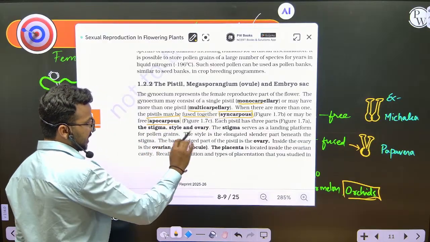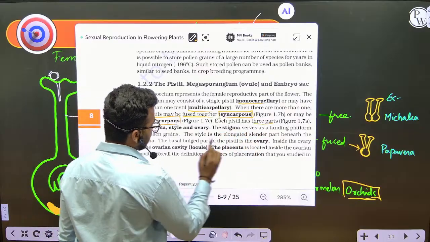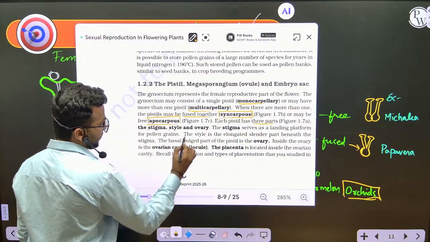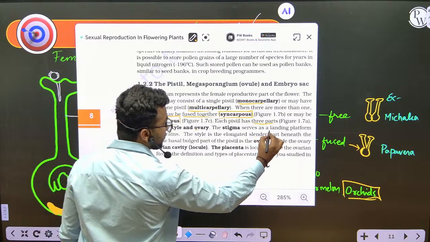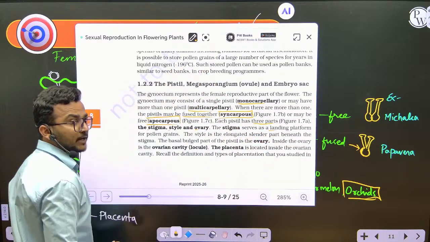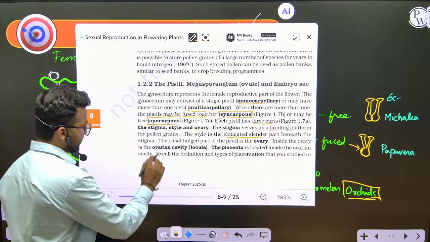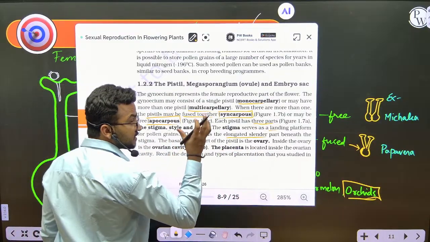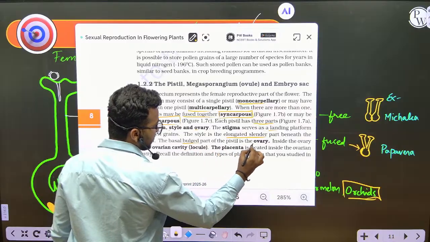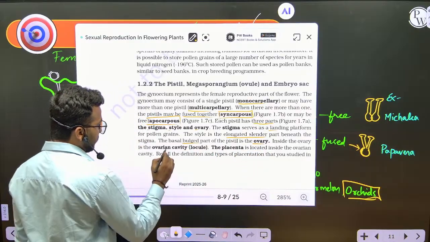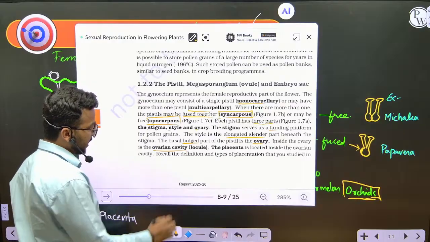The pistil has three parts: stigma, style, ovary. The stigma serves as a landing platform for the pollen grain. The style is the elongated slender part beneath the stigma. The swollen or bulged part we call the ovary, and inside the ovary we see the ovarian cavity or locule.